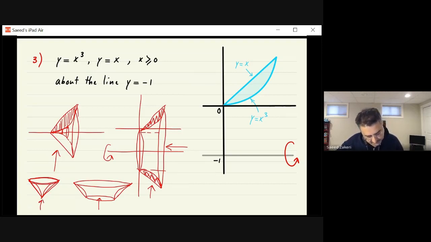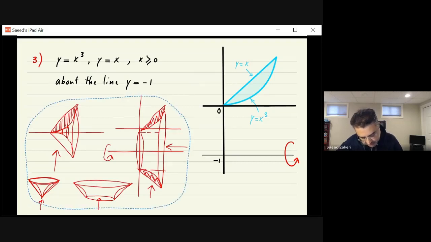This one doesn't. So that's the difference between the two cases. When you move the axis of rotation, of course, you don't expect to get the same thing, even though it's the same region. All right, so no big deal.